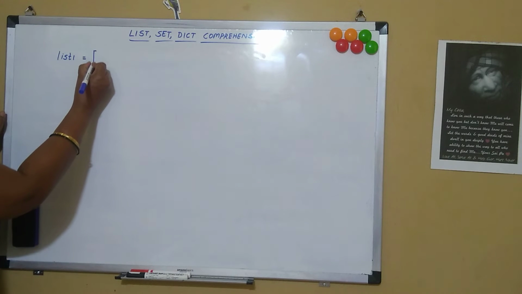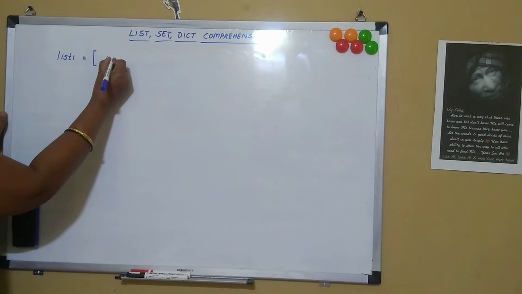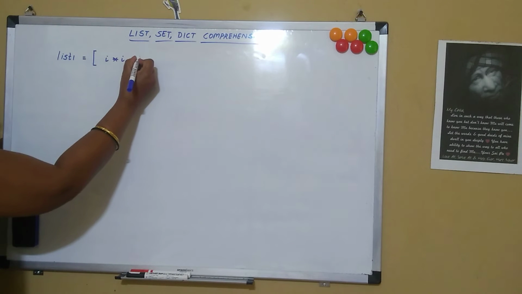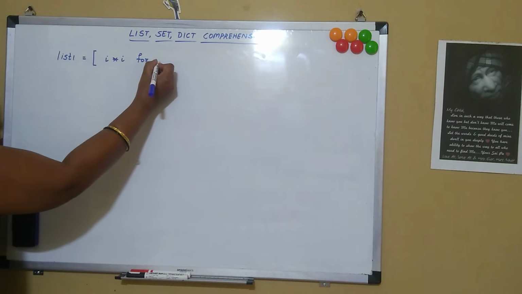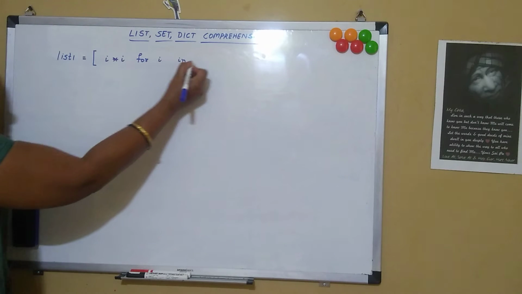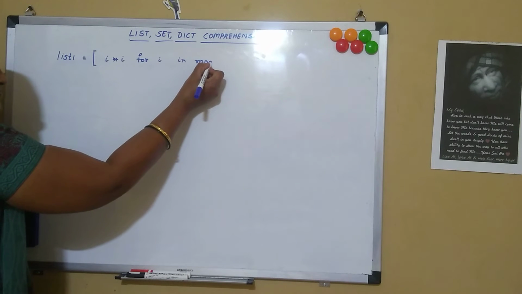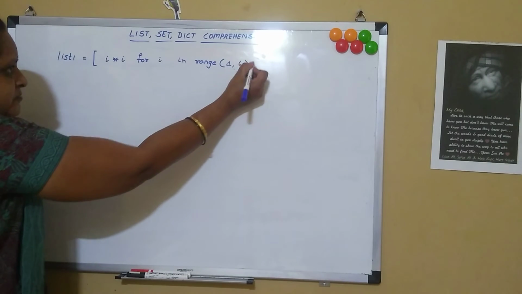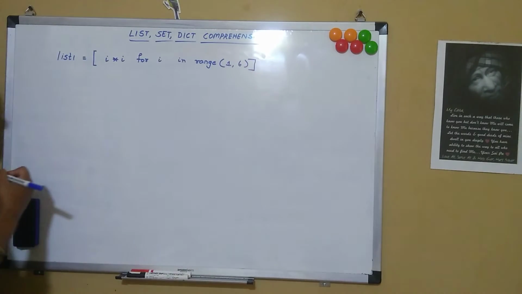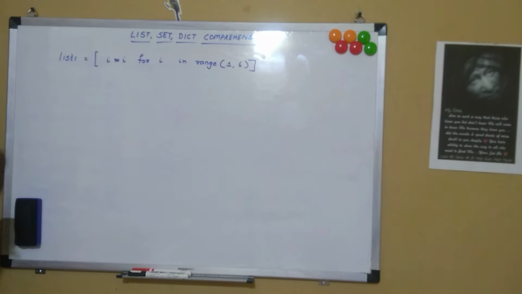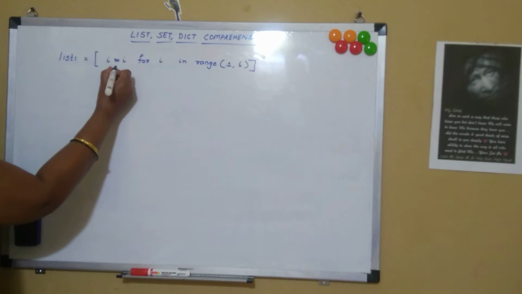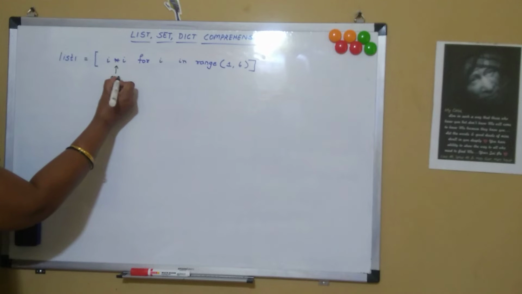So with the square brackets, I specify i into i, for i in range 1, 6, and I close my square brackets. So here i into i is nothing but an expression which it evaluates.